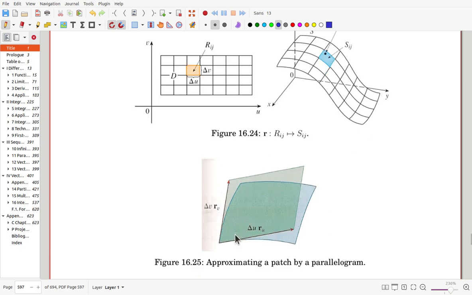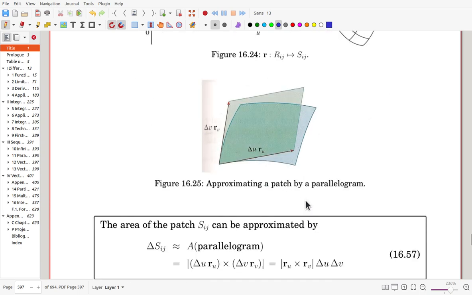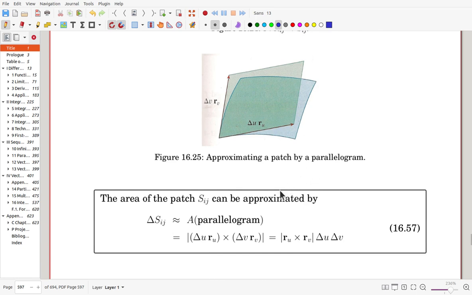Okay, so the area of this parallelogram can be found quite easily through the magnitude of the cross product made by these two vectors. We already know that. So the small patch can be approximated in area by the area of the parallelogram.